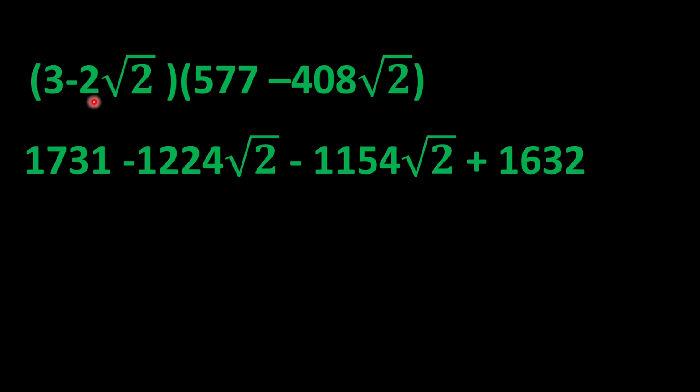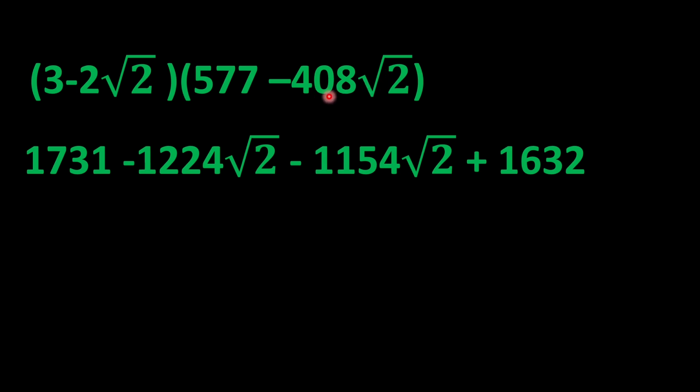Then we will multiply 2 under root 2 with 577, so it will become 1154 under root 2, and then we multiply 2 under root 2 with 408 under root 2. So 2 multiplied by 408 becomes 816, and under root 2 times under root 2 equals 2.